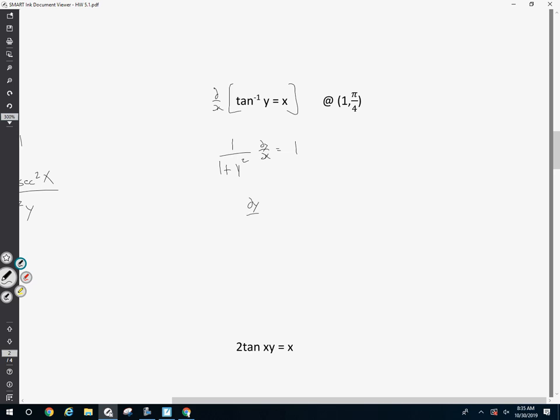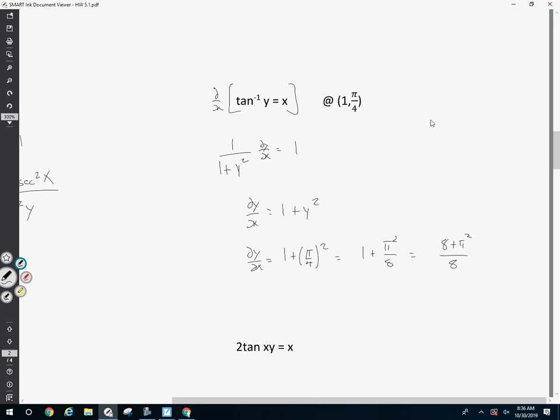I'm going to multiply by 1 plus y squared. It ends up just being 1 plus y squared. So at pi over 4, 1 plus pi over 4 squared, which is 1 plus pi squared over 16. This is 16 over 16. If you want to write it as 16 plus pi squared over 16, you could do that.